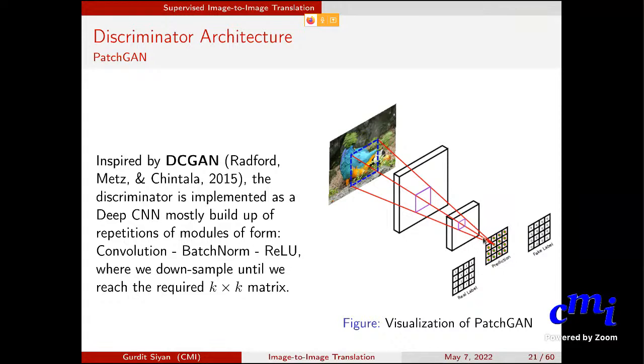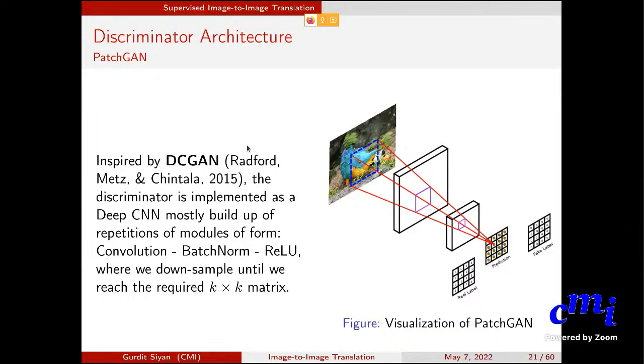So each entry in the k by k matrix corresponds to a receptive field, not exactly a patch, because there is some overlap between the original image and the result, between fake and real.